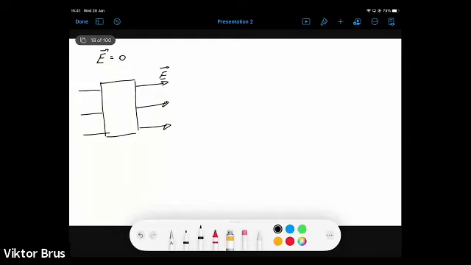Any ideas what is going to happen at the very instantaneous moment at the beginning, when we just put this conductor, which is not charged, just a piece of metal, in the external electric field?